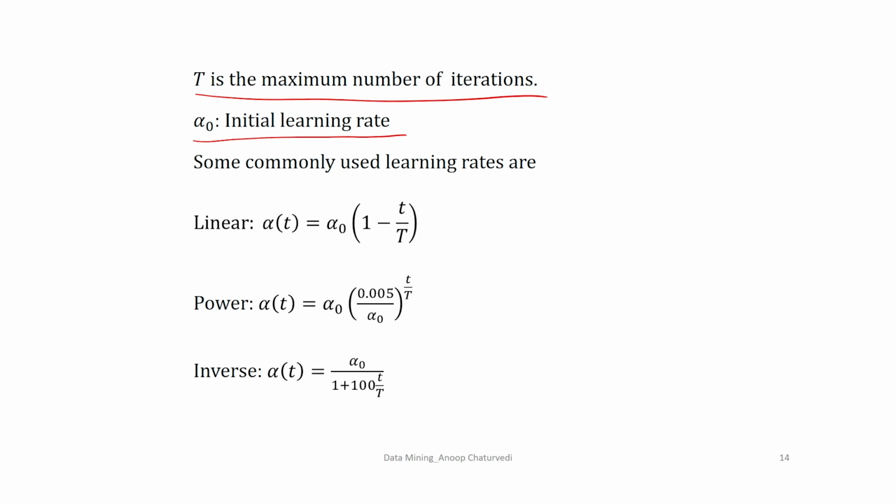Now suppose capital T is the maximum number of iterations and alpha naught is the initial learning rate. Then some of the commonly used learning rates are the linear learning rate, in which alpha t is equal to alpha naught times (1 minus t by capital T); or the power learning rate, in which alpha t is equal to alpha naught times (0.005 upon alpha naught) to the power t upon capital T; or the inverse learning rate, in which alpha t is equal to alpha naught upon (1 plus 100 small t upon capital T).